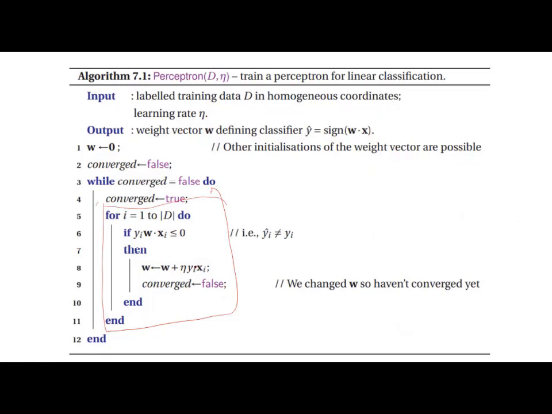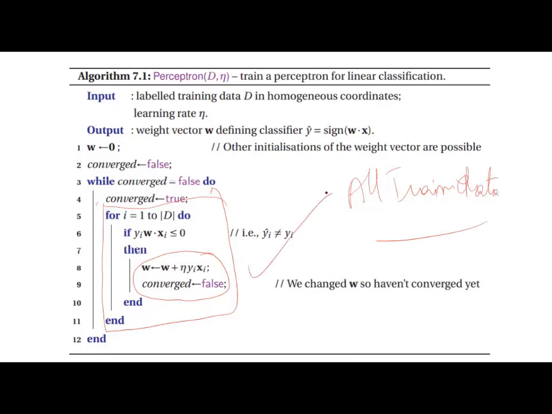If at all this condition is executed for any D, automatically this for loop will be executed again. That is, until all training data is classified correctly.